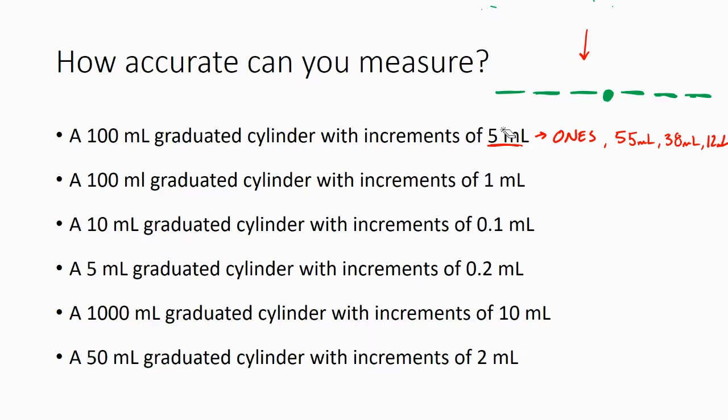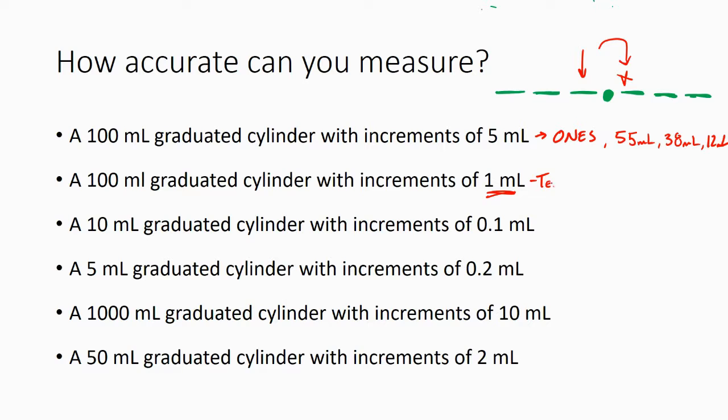And so for our next example, we have a 100 milliliter graduated cylinder with increments of 1 milliliter. Okay, so now if we know this spot, we know the ones place. This time, since it is in fact a 1, we're going to be estimating to the next spot. So in this case, we're estimating to the tenths.